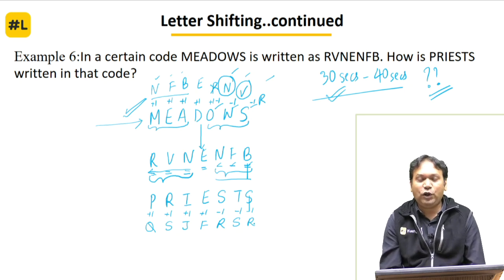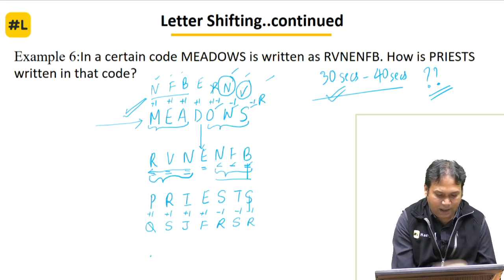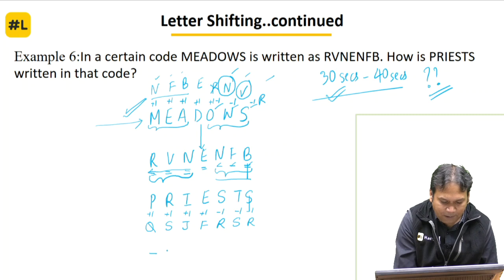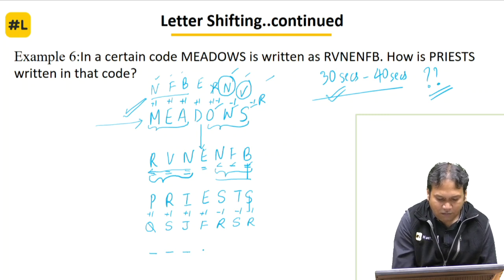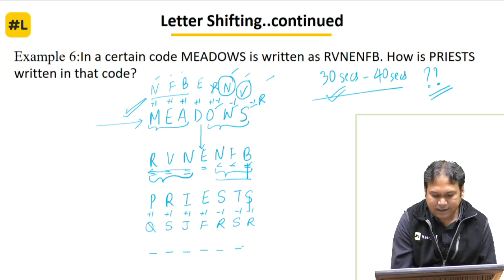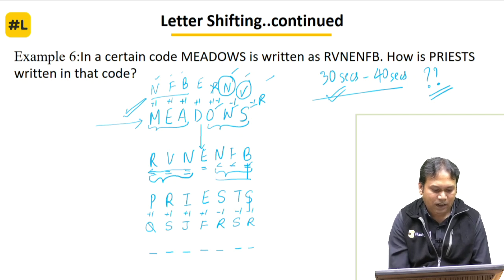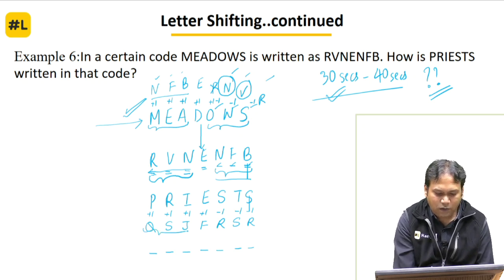Now how are we going to place them? See, there are a total of 1, 2, 3, 4, 5, 6, 7 positions. These 3, Q, S, J, will go in the same order in the last 3 places. F will come in the center as F itself. R, S, R will go in the first 3 places in reverse order.